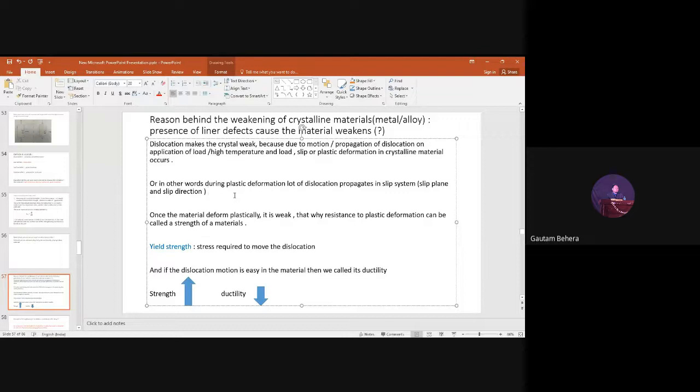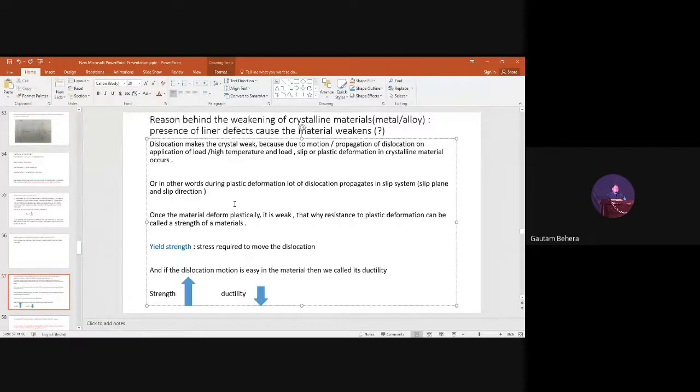Do you remember what is a slip system? Can you tell me quickly? Close-packed direction in a close-packed plane. Yes, the close-packed planes and close-packed directions are the slip system. A slip system is a combination of slip plane and slip direction. Slip plane means in that plane the atomic density is more.